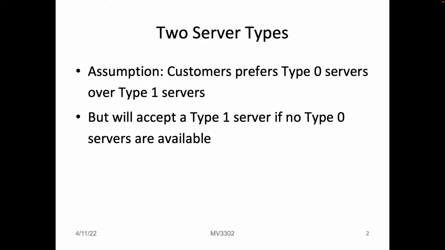Here, there are two types of servers. In the multiple server queue, there's only one type of server. They're homogeneous, not in the sense that they always give exactly the same service time, but they have the same distribution of service time.